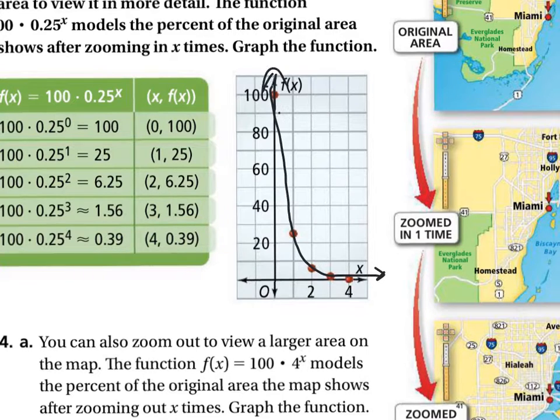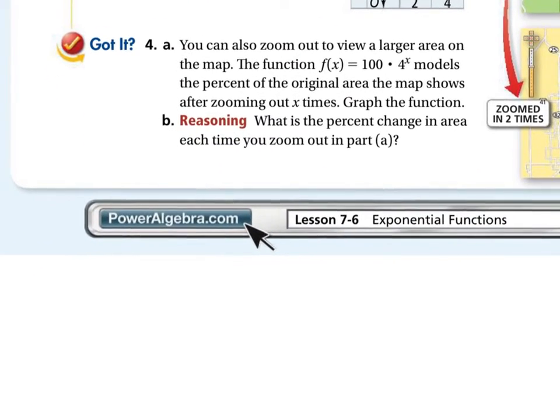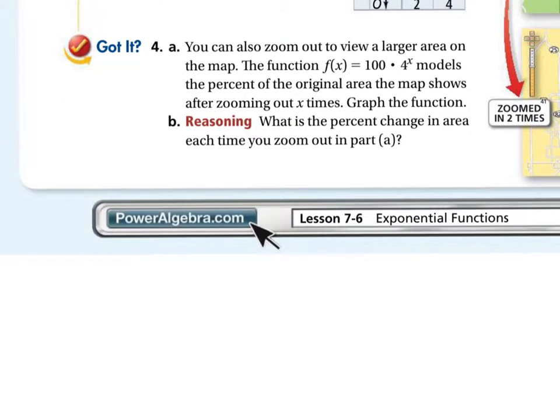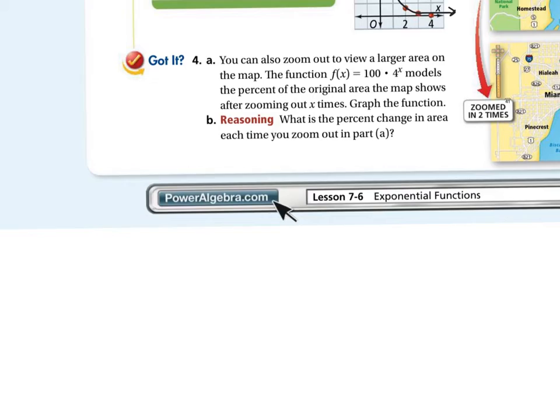And then if you look at 4a, it says you can also zoom out to view a larger area. Function f of x equals 100 times 4 to the x models the percent of the original area the map shows. So when you zoom out, then you can see more.